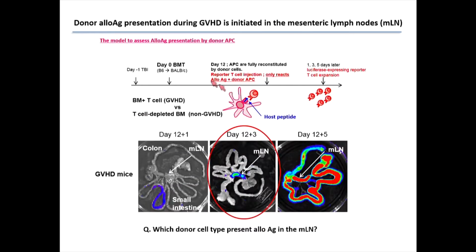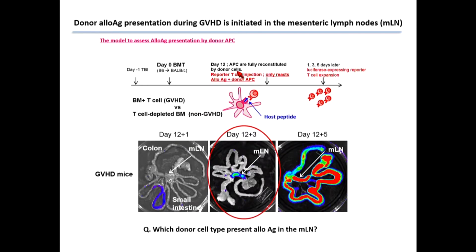To ask this question, we developed a model to assess antigen presentation by donor APC exclusively. These irradiated recipients were transplanted with bone marrow and T cells as a GVHD group, or T cell-depleted bone marrow as a non-GVHD group, from the allogeneic B6 mouse.